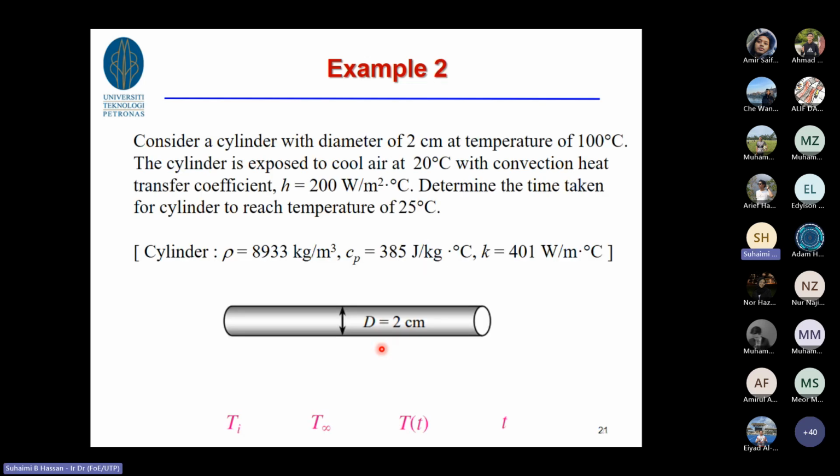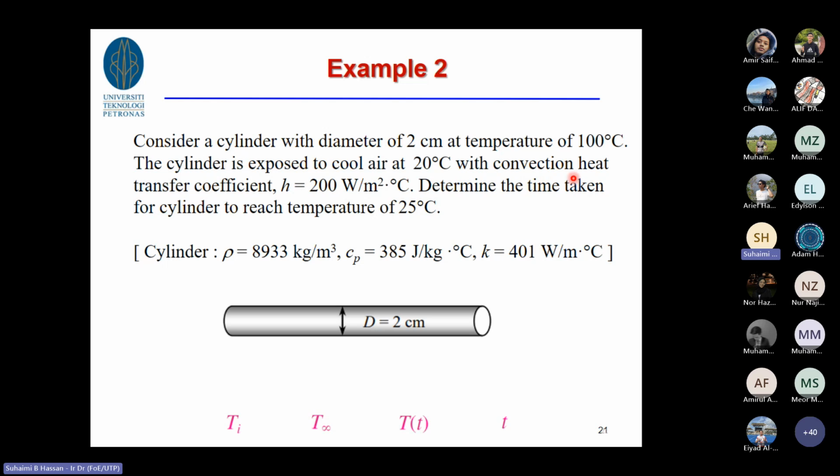All right, example number 2. Consider a cylinder with diameter of 2 centimeter at temperature of 100 degrees C. The cylinder is exposed to cool air at 20 with convection heat transfer coefficient 200 H. Determine the time taken for cylinder to reach temperature. All the time we have to know that there are 4 parameters: Ti, T ambient, TT, and T. Looking at this question, determine the time taken.